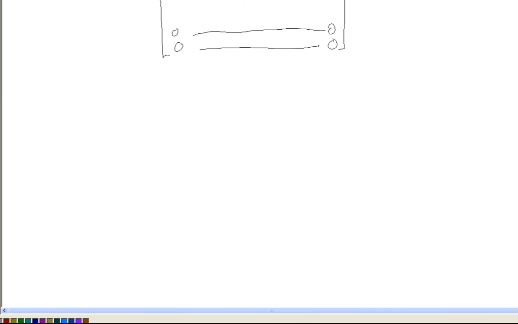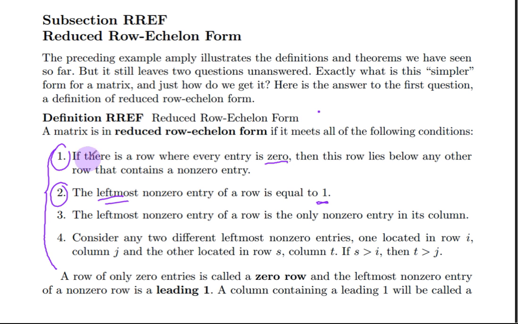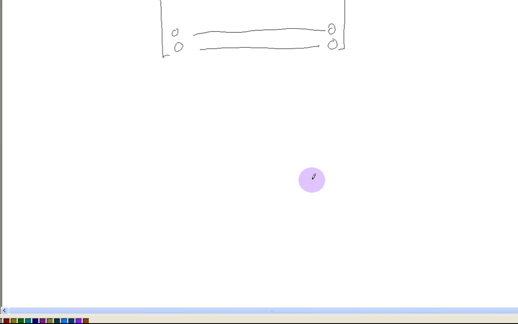All right, let's see the third condition. Third condition, the leftmost non-zero entry of a row is the only non-zero entry in its column. What that means is that all of these ones must be the only non-zero entry in their corresponding columns. So this 1 here must have zeros down here.